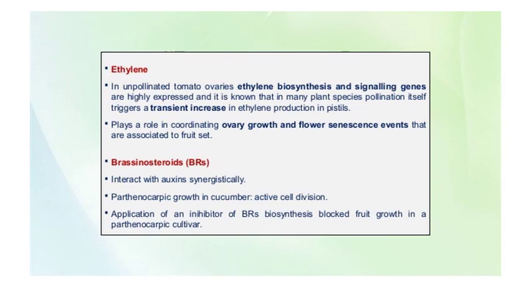In unpollinated tomato ovaries, ethylene biosynthesis and signaling genes are highly expressed, and it is known that in many plant species, pollination itself triggers a transient increase in ethylene production. It plays a role in coordinating ovary growth and flower senescence events that are associated with fruit set.